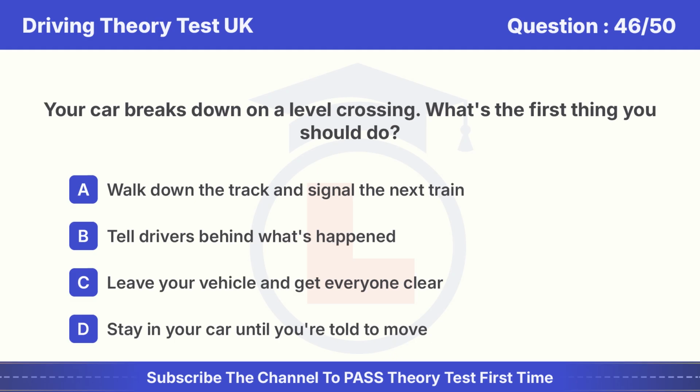Question 46. Your car breaks down on a level crossing. What's the first thing you should do? Answer is C. Leave your vehicle and get everyone clear.